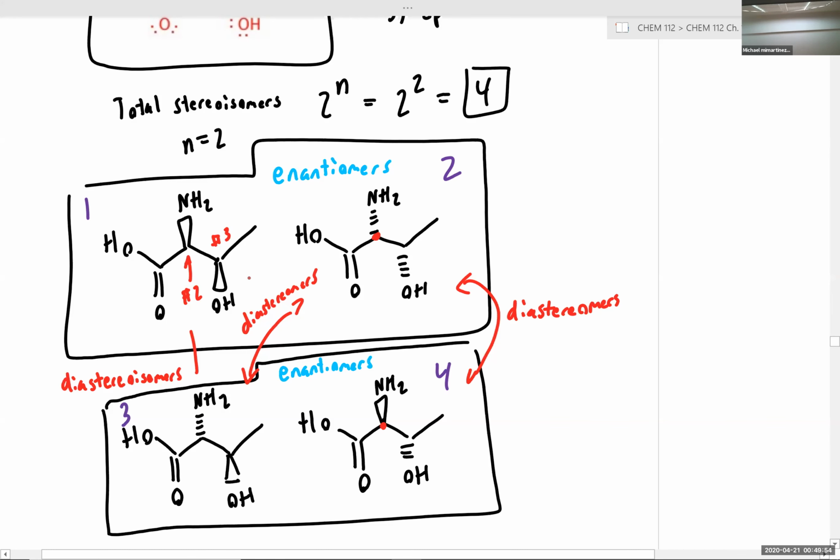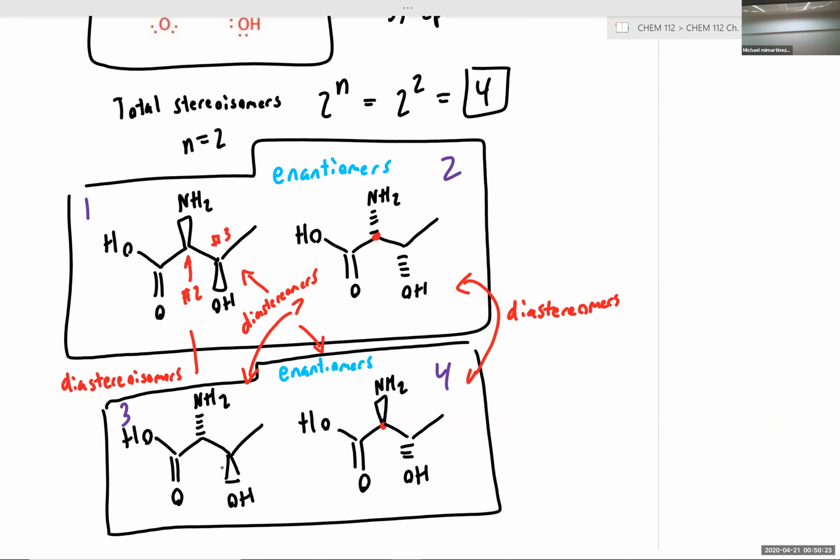Just like 1 and 4 are also a pair, because we've in effect inverted one of our stereocenters. Exactly right. Essentially, your horizontal connections are enantiomers, your vertical and cross connections are diastereomers.